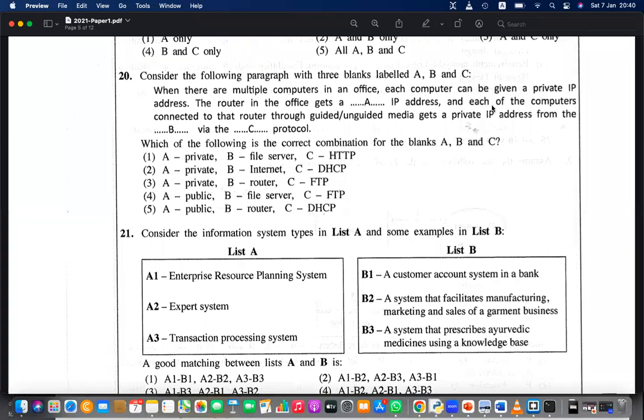So here, the computers connected to that router through guided or unguided media get a private IP address from the router via Dynamic Host Configuration Protocol. How is auto IP assignment actually done? There is a server, it can be a router, launching a DHCP service, Dynamic Host Configuration Protocol.